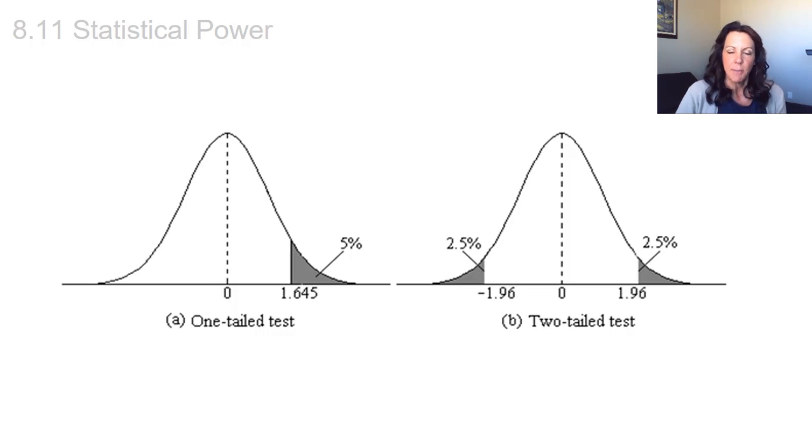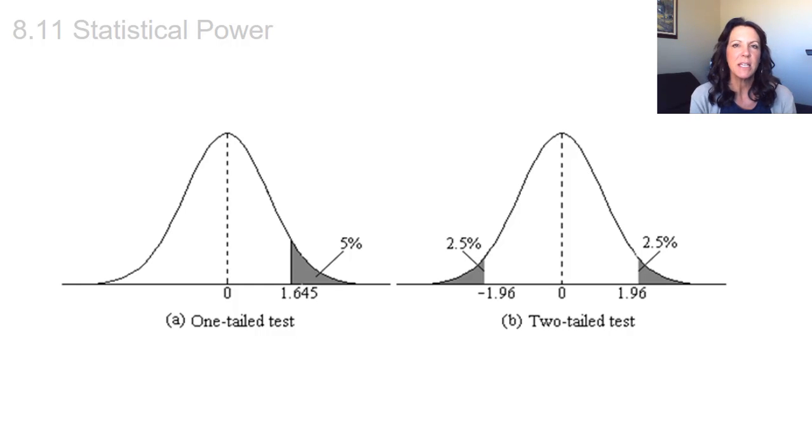Well, sometimes when I am conducting a study, I know very certainly maybe that my mean of the sample is going to be higher than the population mean. I'm not saying it's going to be statistically significant necessarily, but I know the direction that my mean will be in, whether it be higher or lower. I know which way it's going to go.